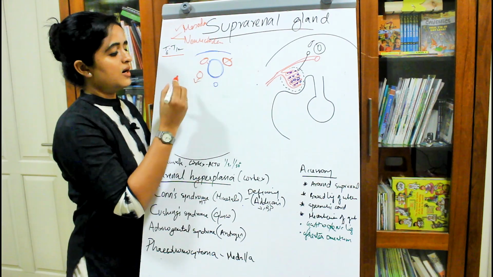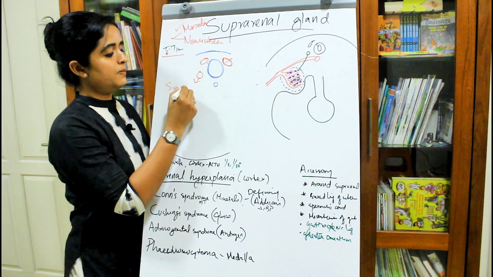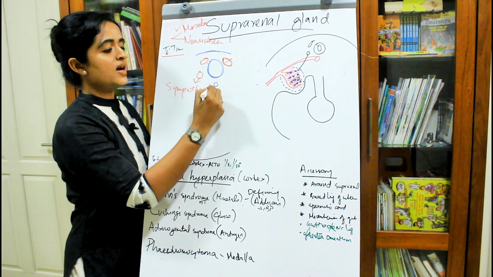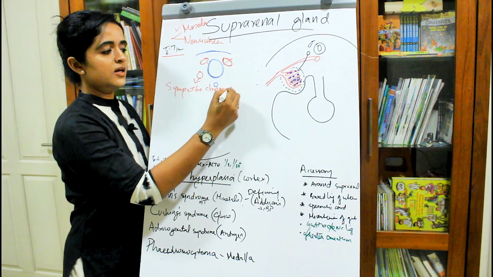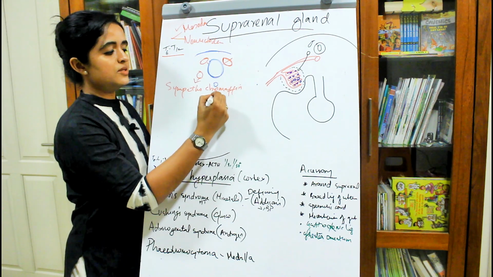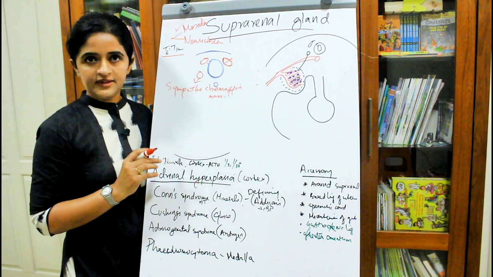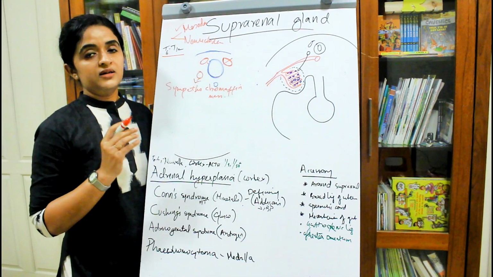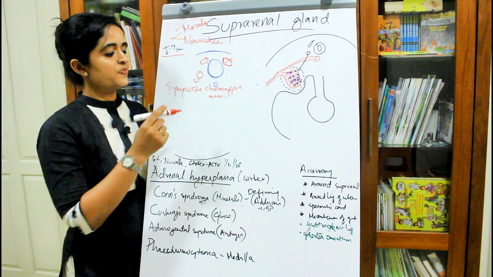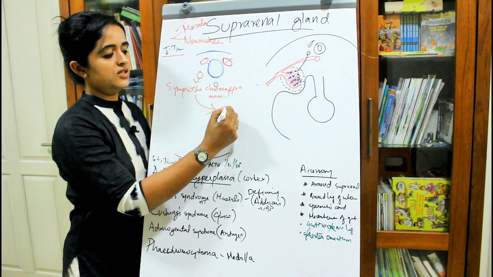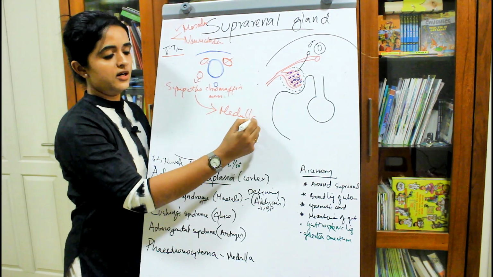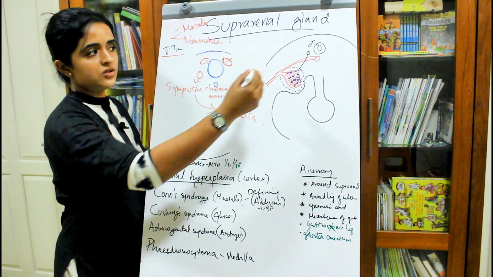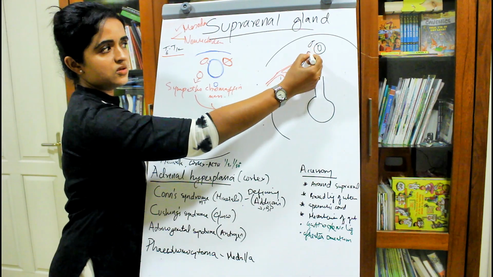This ventral mass is known as the sympathochromaffin mass. So the sympathochromaffin mass is the ventral mass of the neural crest cell. This invades our suprarenal gland and results in the formation of the medulla of the suprarenal gland. You can see it here, this is the ventral mass.